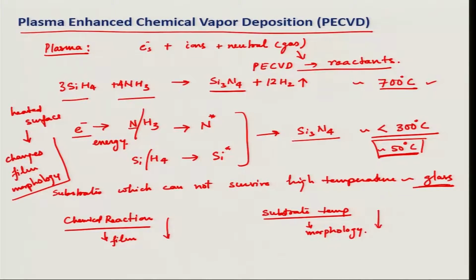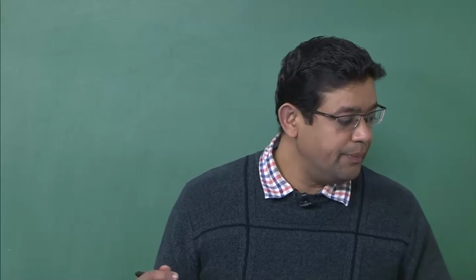So you can use the plasma energy to have a certain film deposition rate, while you can control the substrate temperature irrespective of film deposition to control the morphology. So these are not linked anymore, and that is why these plasma enhanced chemical vapor deposition are gaining tremendous interest, and they are used very extensively in semiconductor industry to grow thin films, okay.